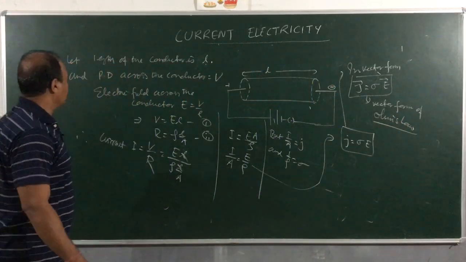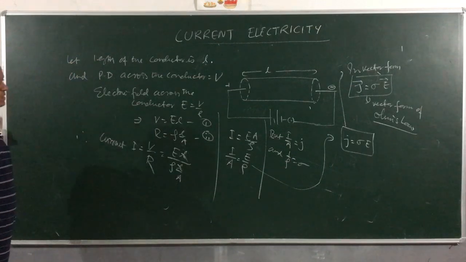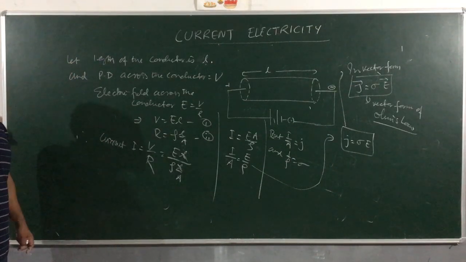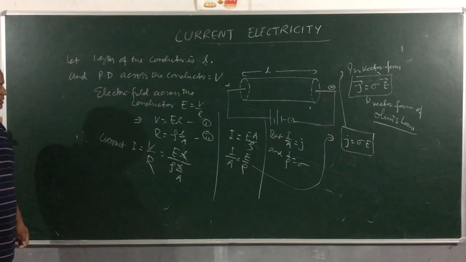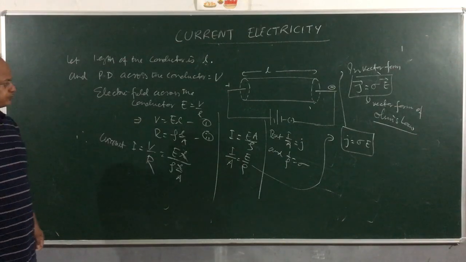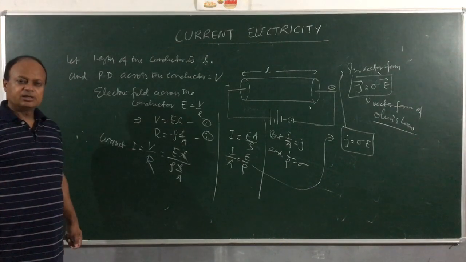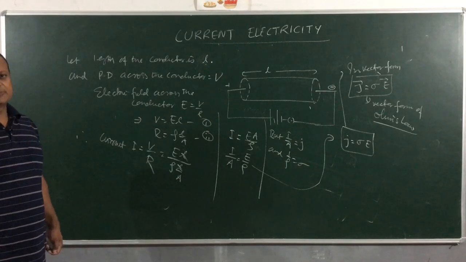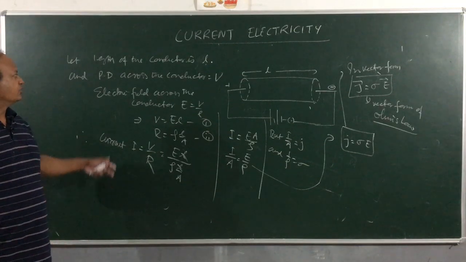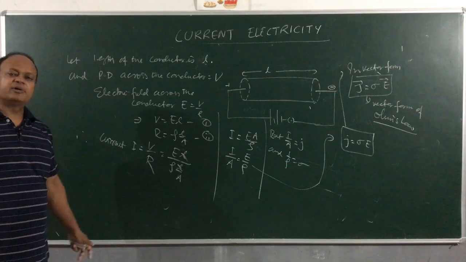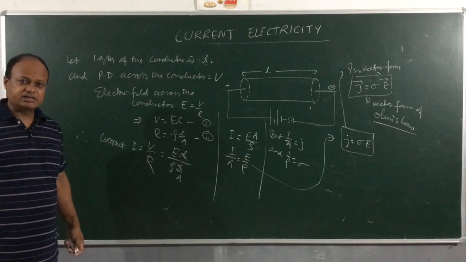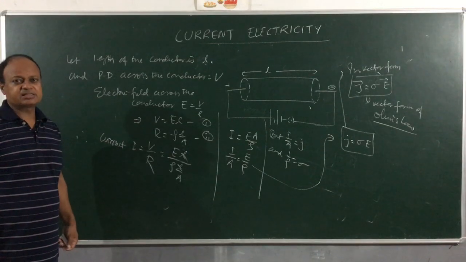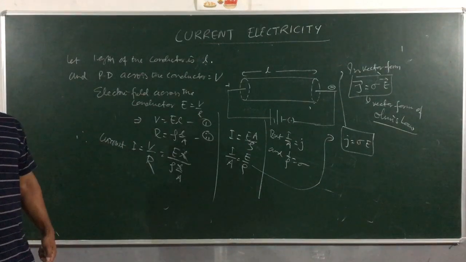So the vector form of Ohm's law is J is equal to sigma into E. Remember, that's an important relation we got, where J is current density, sigma is conductivity, and E is the applied electric field, right? So this is the last derivation we did, the vector form of Ohm's law. So we will be discussing only this much in this class. Okay, thank you very much.